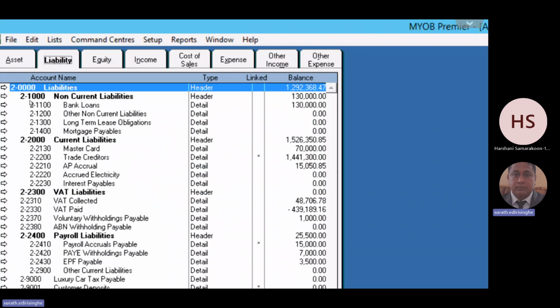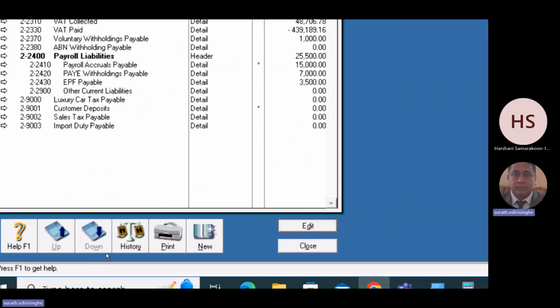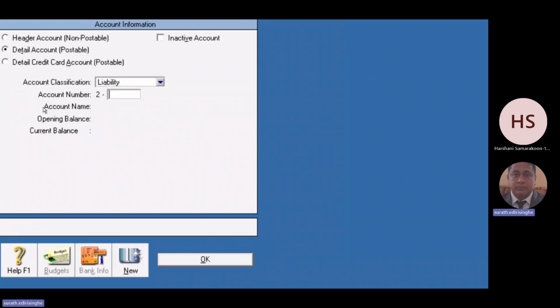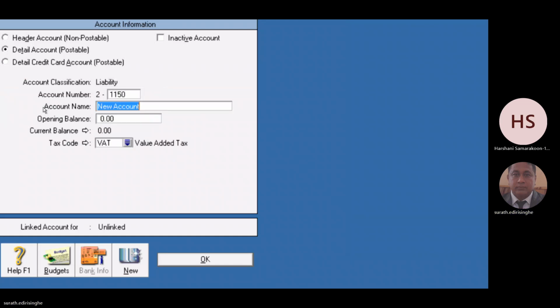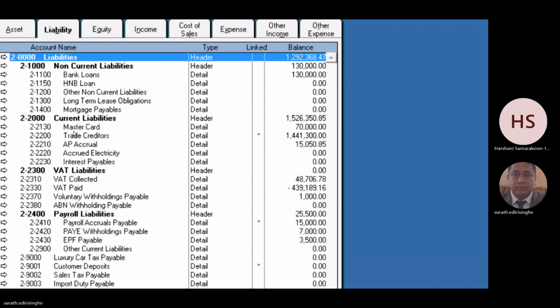I create 1,150, HNB loan. New 1,150 HNB loan. Okay. Now HNB loan.